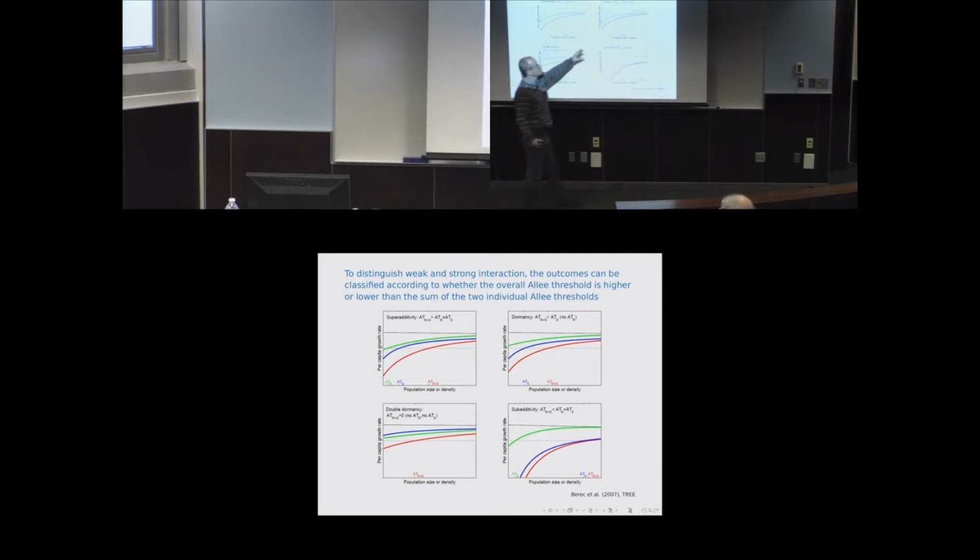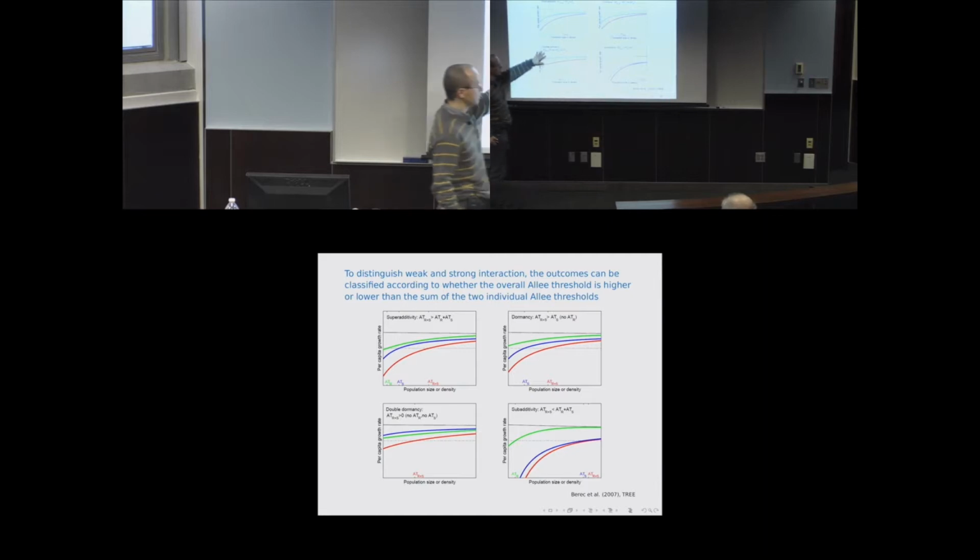The other situation is that you have a weak Allee effect here, so there's no Allee threshold for the green line. You have some strong Allee effect for the other mechanism, and you have a much stronger Allee effect for the combination. So even a weak Allee effect contributes much to the result. Here you have a double dormant Allee effect. I call this dormant Allee effect.